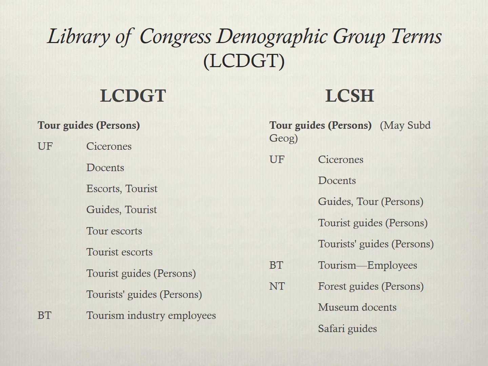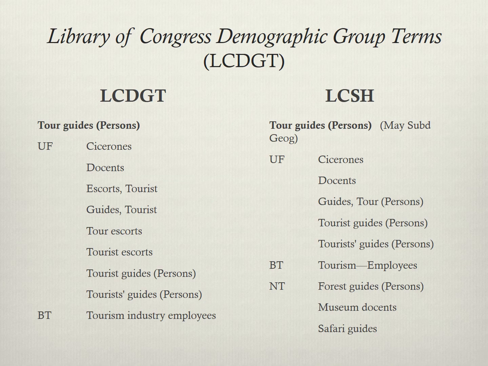This slide is showing you another example, like I did with the genre form terms. You can see the demographic group term tour guides shown on the left as it would appear in LCDGT. Tour guides qualified by the word persons, and you can see that the structure here is very similar to the subject heading for tour guides persons in LCSH.